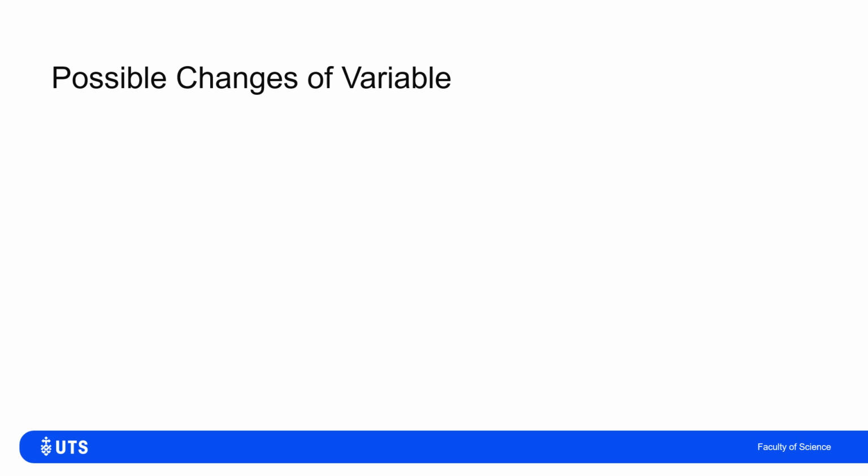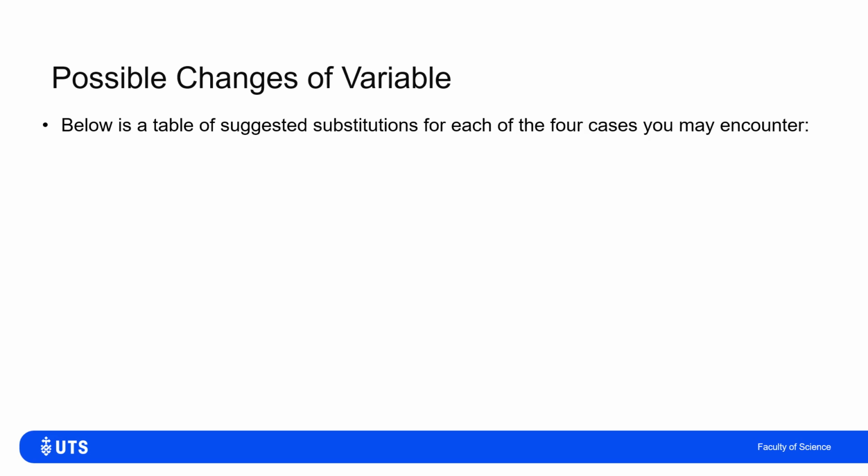So there's 4 cases: finite to finite, finite to infinite, infinite to finite, or infinite to infinite. So what we've got here is just a table of substitutions for each of the 4 cases. This is not the substitution. Each of these is just one possible valid substitution.